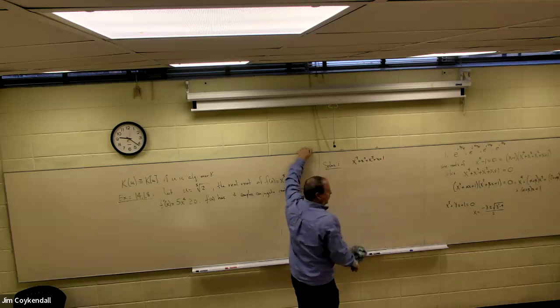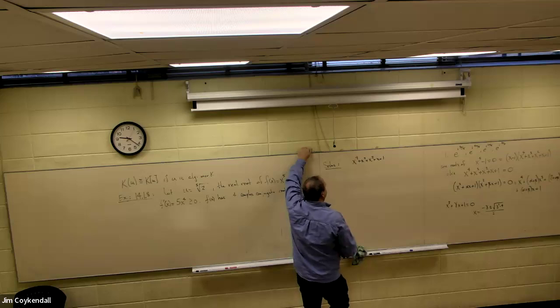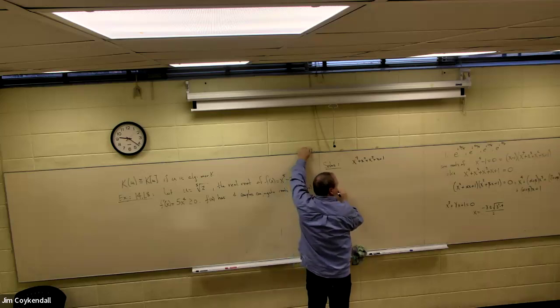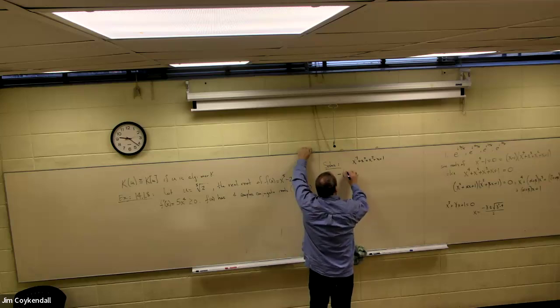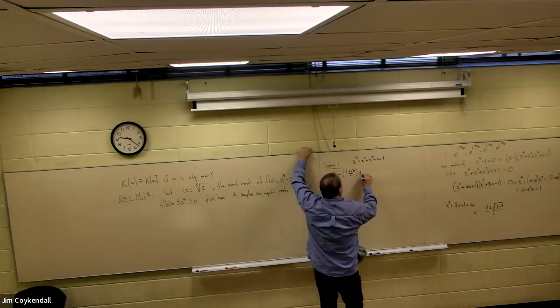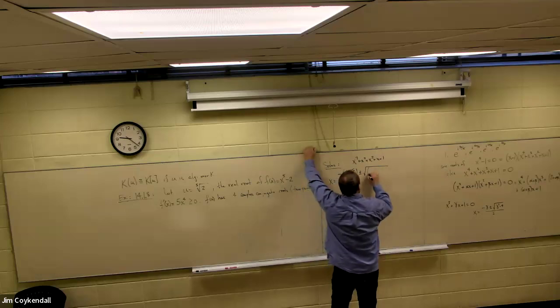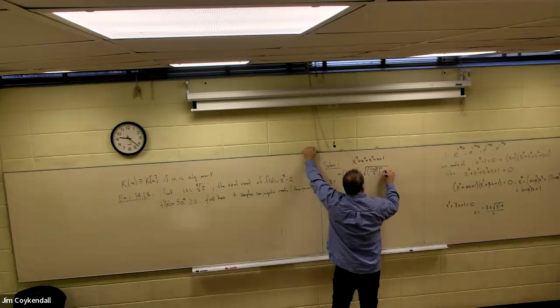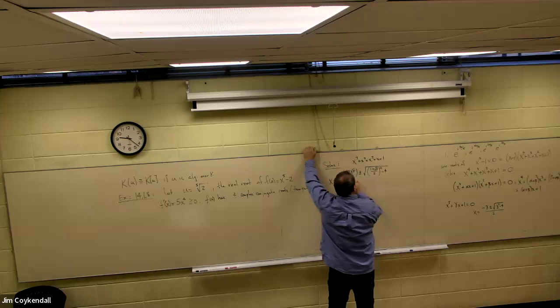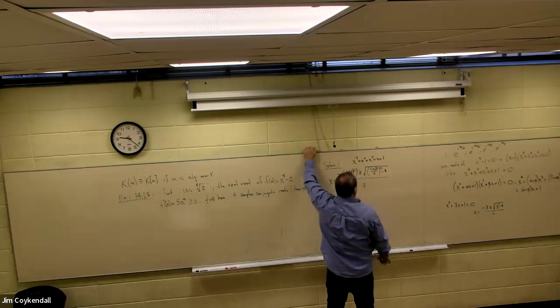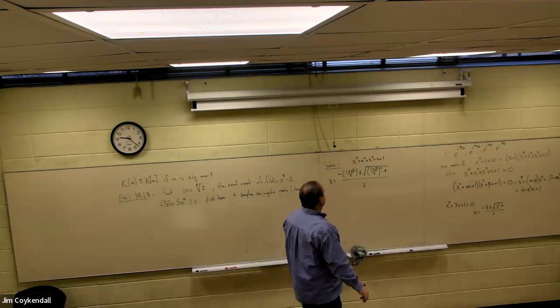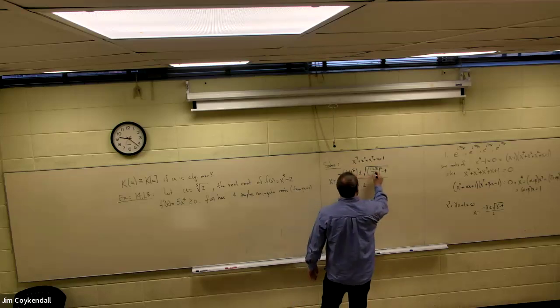So these 4 weird roots of 1 are minus 1 plus radical 5 over 2 plus or minus the square root of, and I can put a plus or minus there.